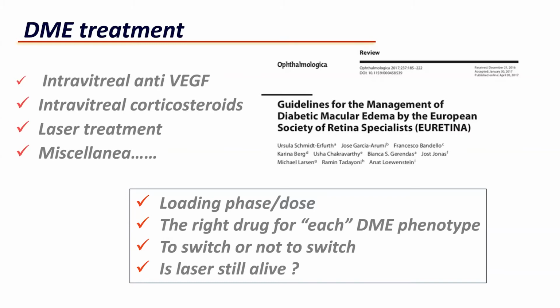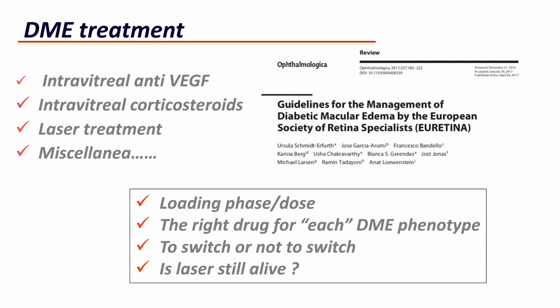One, if you use an injection, you must not forget the loading phase, and it was correctly pointed out by the previous speaker. You should use the right drug for the right DME phenotype, because using OCT, you may distinguish which kind of DME you are currently fighting or need to be treated, and switch or not switch between the different drugs.